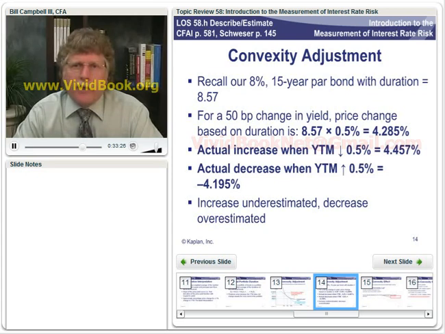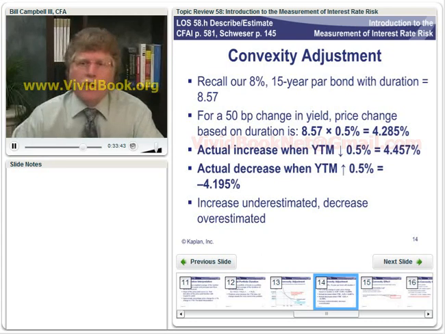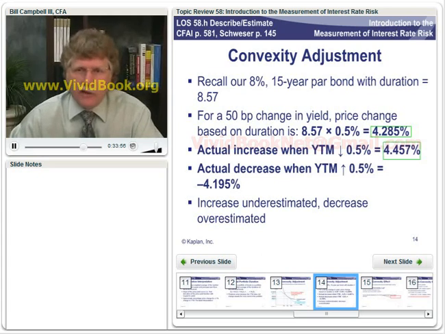For a 50 basis point change in yield, the approximation that we get from duration is 8.57 years times 0.05, or 4.285%. The actual increase when yields drop is 4.47%. So notice, we have approximated it at 4.28. The actual value is 4.47. So we have underestimated the increase.